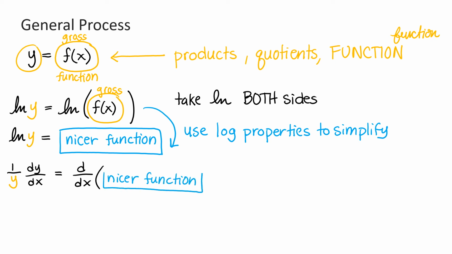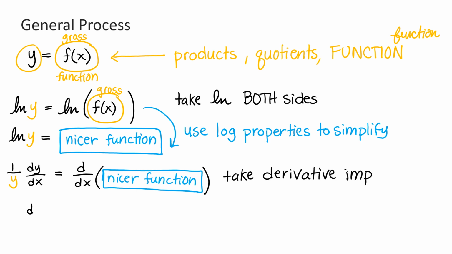Where we'll probably have to use a bit of chain rule. But that's better than chain rule and a lot of product and quotient rule. Then we need to multiply both sides by y. Well, let me take the derivative implicitly.